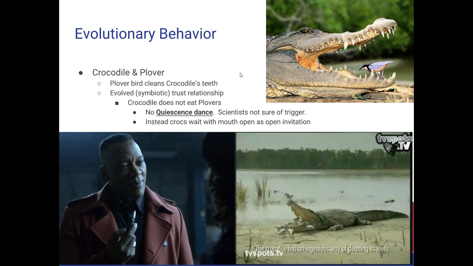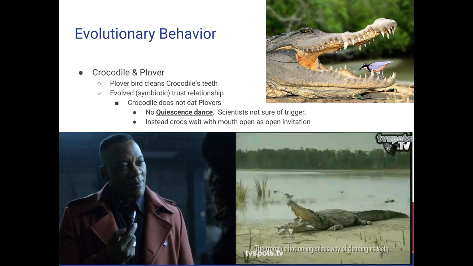There's been no body of work that I know of that establishes that they form individual trust relationships by learning a bird's identity and only offering this free meal to the individual bird. Instead, they just open their mouth and it's like, okay, some birds will come and clean my mouth out. And so that's what it does.